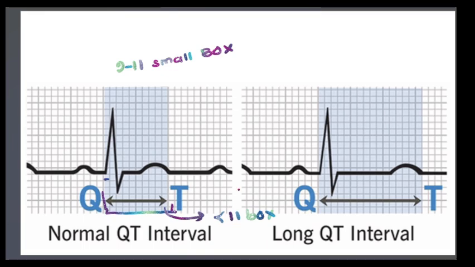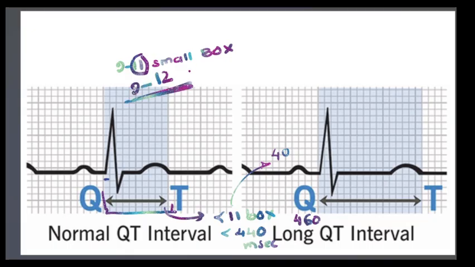One box is 40 millisecond, all of you know. So 11 small boxes means it should be less than 440 millisecond. It depends on gender, it can be up to 460 millisecond. So 11 small boxes, up to 12 small boxes is acceptable, but more than 12 boxes, definitely it's prolonged QT.